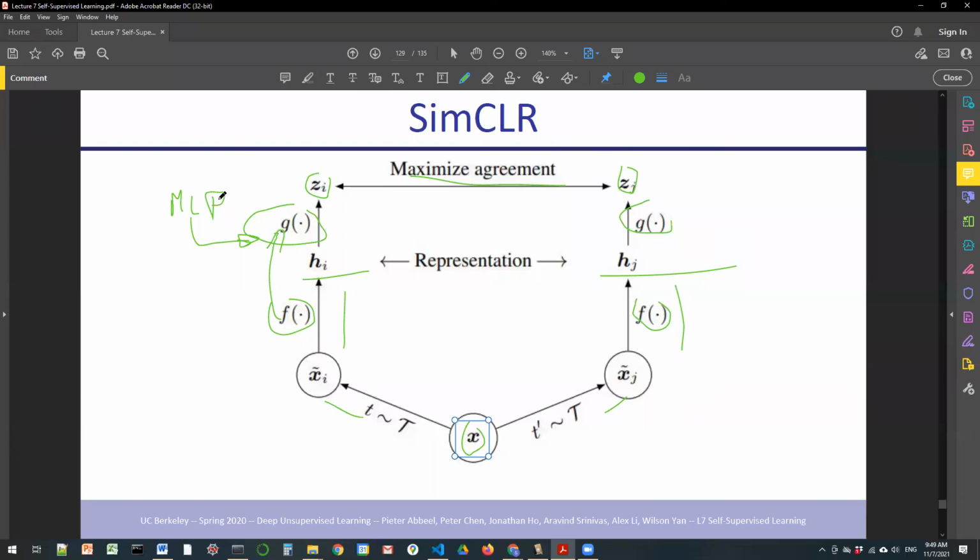So the innovation, if you will, in SimCLR with respect to MoCo is this MLP that they use to bring the H's, if you will, to the Z's. So from this to this dimension, there's a dimensionality reduction through the MLP that helps as well. The other thing they do is, as I mentioned, MoCo does not use the width dimension, that is the number of channels.